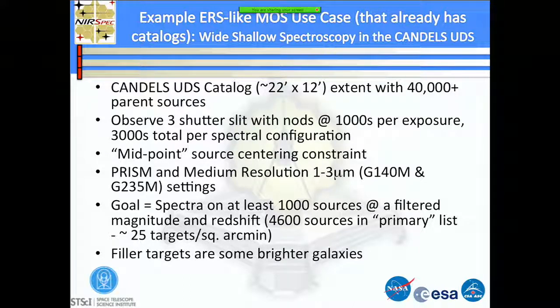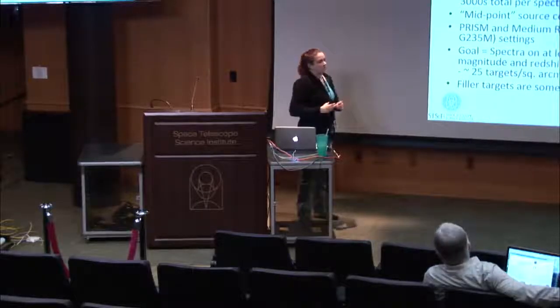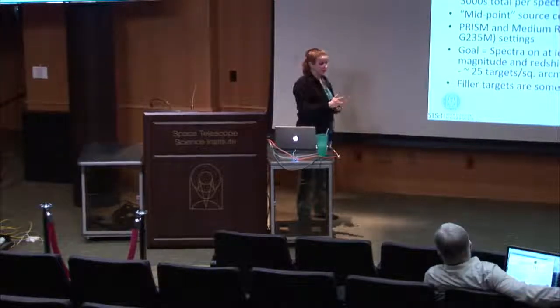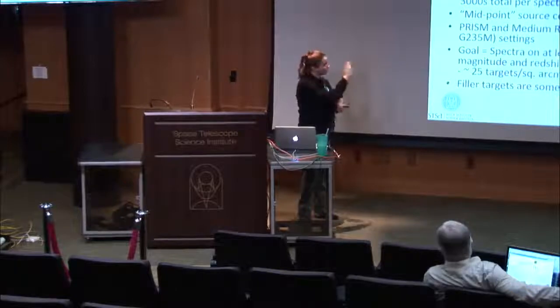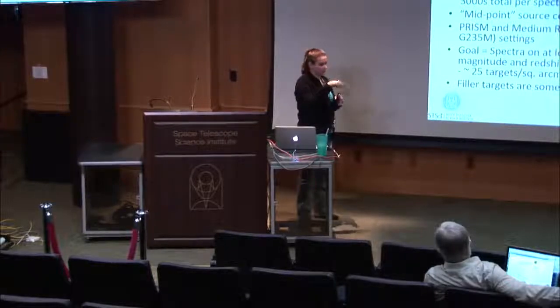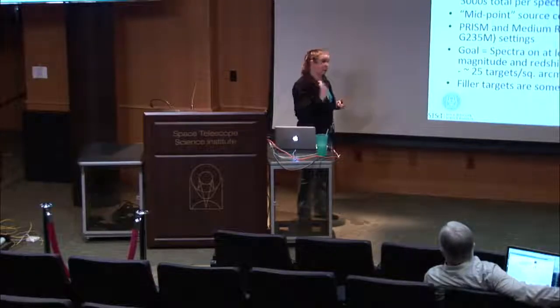We do also have the option in the MSA planning tool to define dithers that construct a new MSA configuration. And so if you want to observe for 6,000 seconds in total, you could basically translate your plan to a new configuration that's some hard fixed distance away in terms of shutter space. That's what we call our fixed dithers.